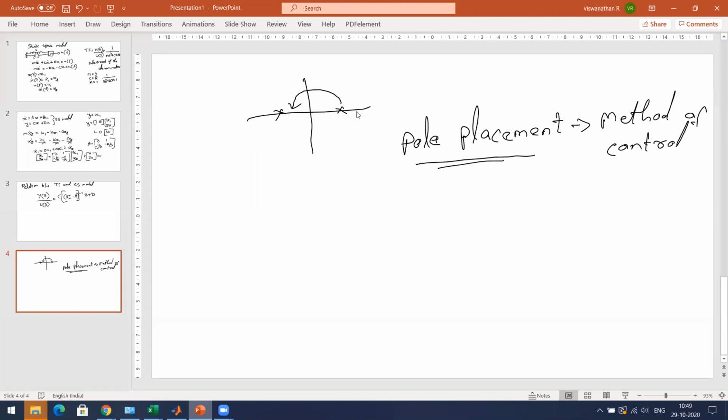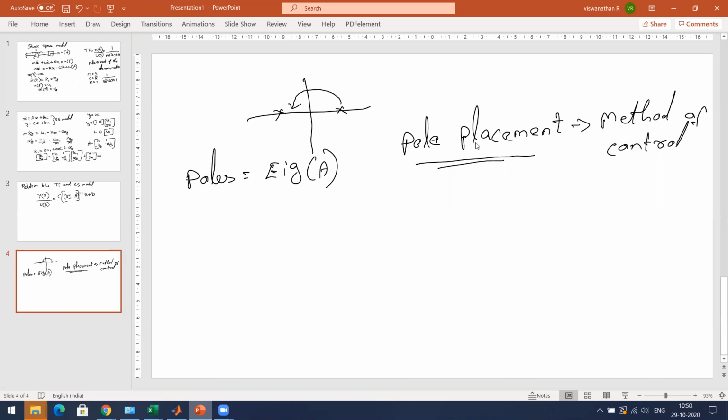That is called the pole placement method. Since poles are nothing but eigenvalues of A, eigenvalues of A are nothing but poles.